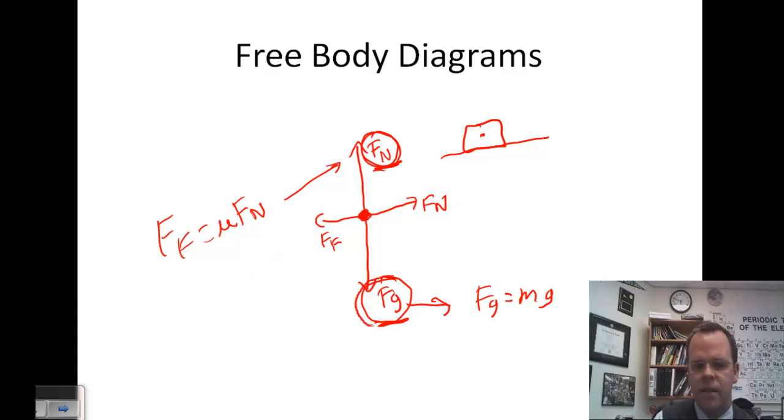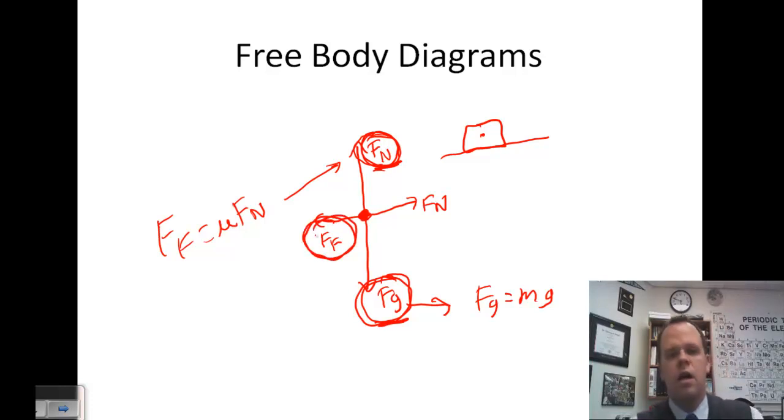So once I have this force, I'll know this force, and from this force and the coefficient of friction, I can find the force of friction. So just by having the mass of the object on a surface not accelerating up or down, I can find 3 of the 4 forces in this diagram, and that will be very useful to us when we get into solving problems.